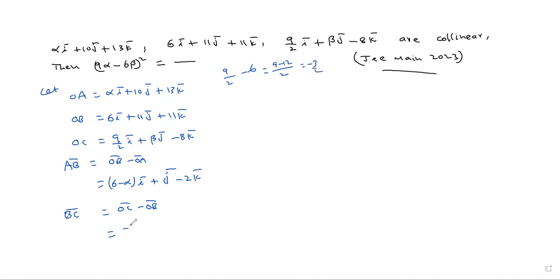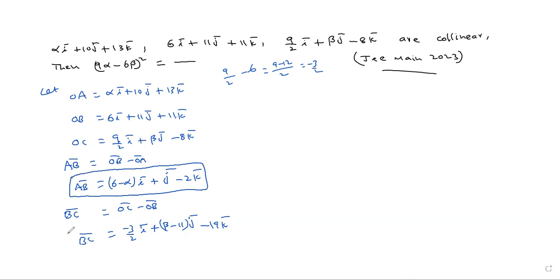So you can write minus 3/2 i bar. Next, beta minus 11 j bar. Next, minus 8 minus 11, which is minus 19 k bar. Okay, AB and BC we got.